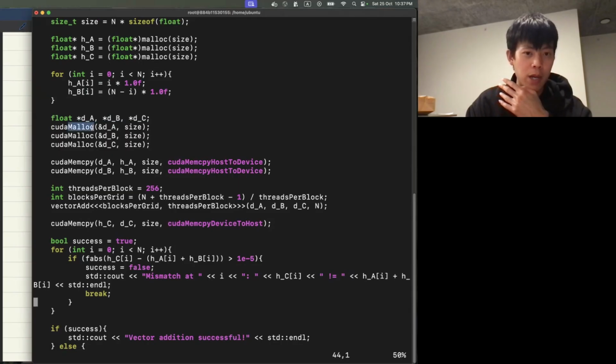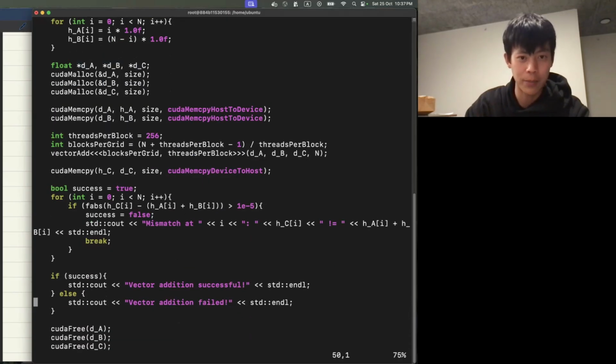Malloc just stands for memory allocate. So we allocate memory for these 3 arrays on the device side. Note that these 3 pointers only make sense when we want to get something on the device, right? If we address them on the host, we'll probably get rubbish because they don't refer to anything on the host. They are meant to point to an address location on the device.